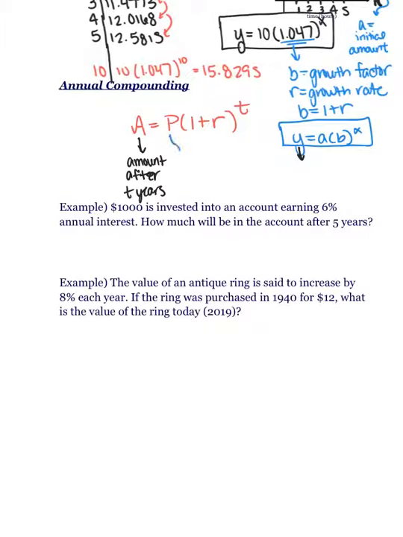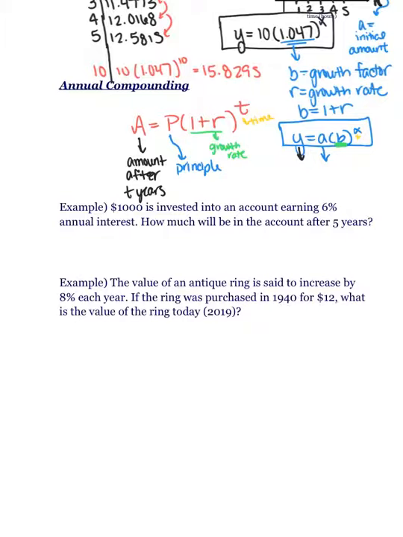The P, we use a P because it stands for principal, the initial investment, or the initial amount, which is the A here. 1 plus R, R is going to be that growth rate. And this 1 plus R here is like this B right here, because B is equal to 1 plus R. And then T stands for time that has elapsed, and that's the same as this X right here.